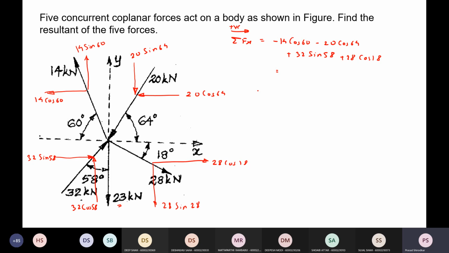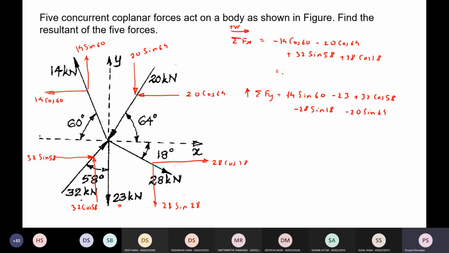Okay, so calculate, and summation fy, upwards positive, is equal to 14 sin 60 minus 23 minus 32 cos 58 minus 28 sin 18 minus 20 sin 64.